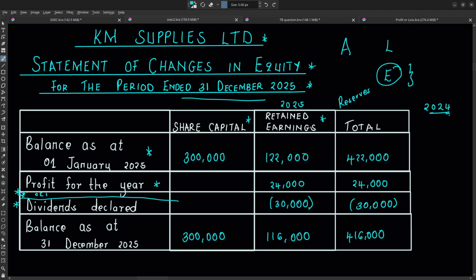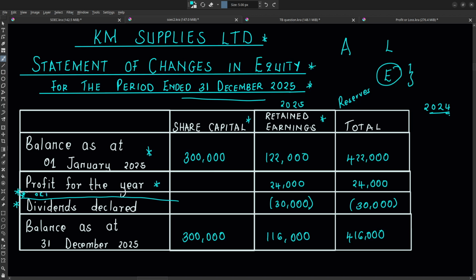It is not going to be added to the retained earnings. I'm sorry, it is all going to be under the specific reserve that this other comprehensive income is coming from. So the profit for the year and other comprehensive income are not to be included together; these are going to be represented separately.